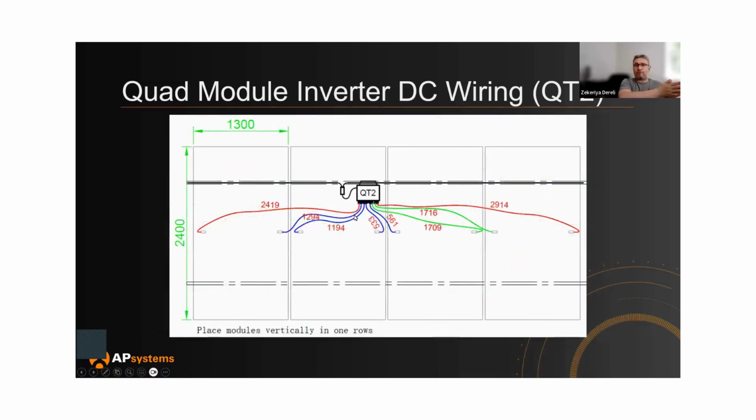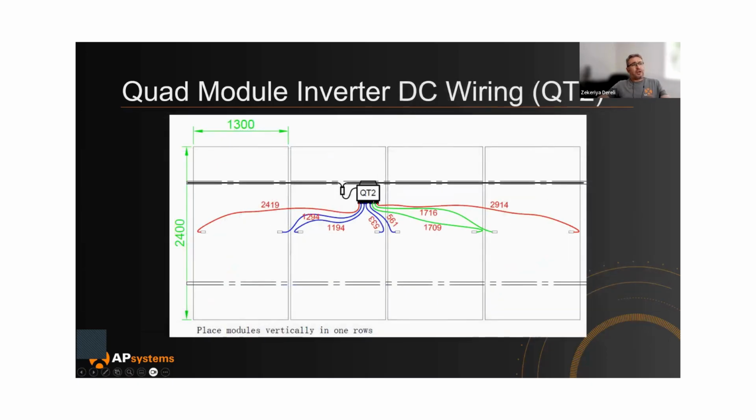Another option is 1x4. If it's portrait, you go like this, 1x4. I took these snapshots from a document which is available on our website. You can search for DC extension cables in our library and take a look at these kinds of illustrations for different inverters.